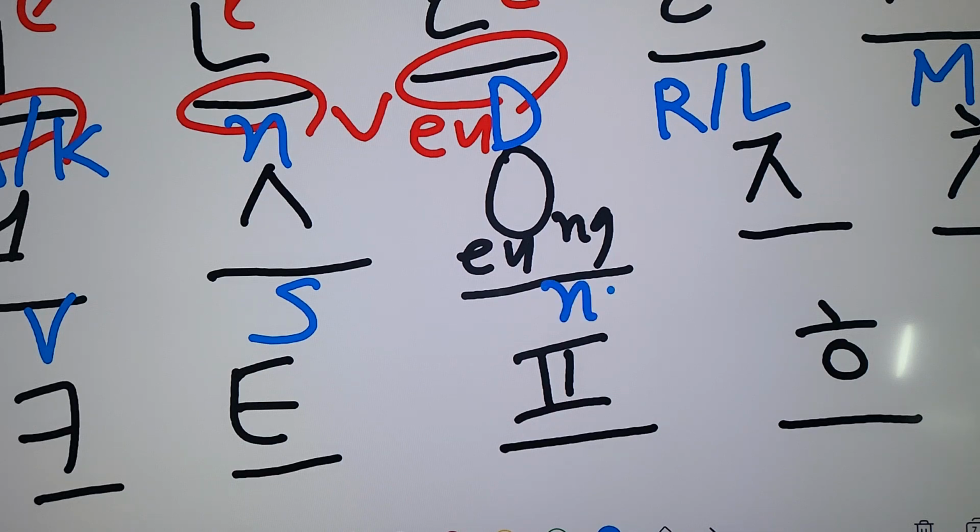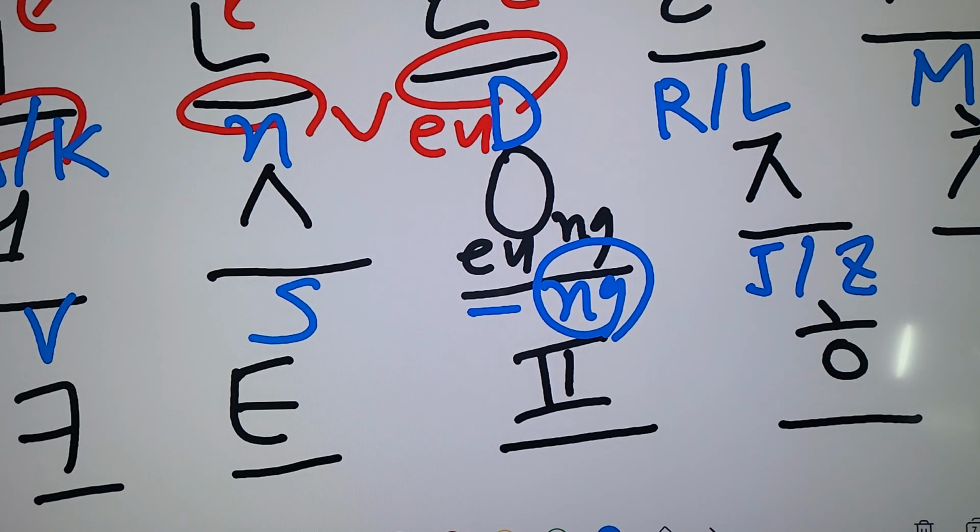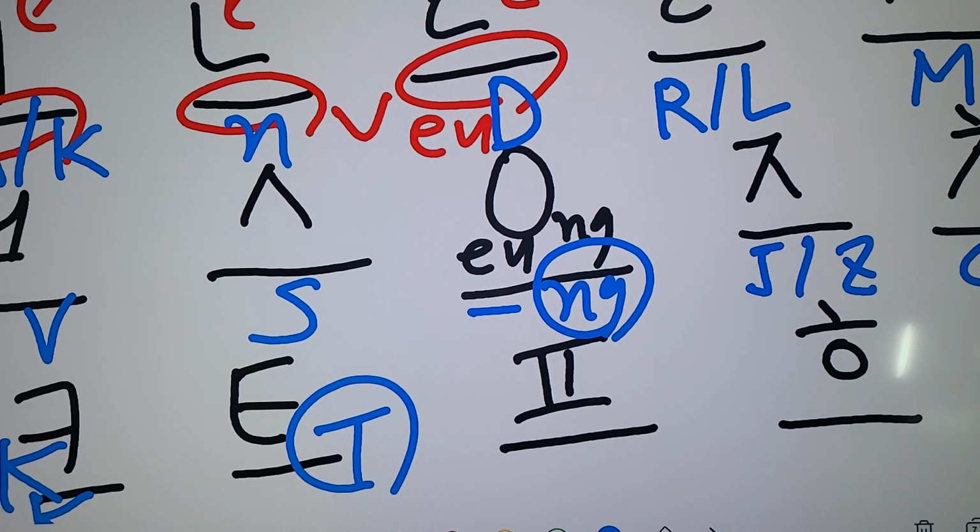Next one, NG equivalent, closing sound. Next one, J and G equivalent. Next one, CH equivalent. Next one, K equivalent. Next one, T equivalent. Next one, between F and P equivalent. Last one, H equivalent.